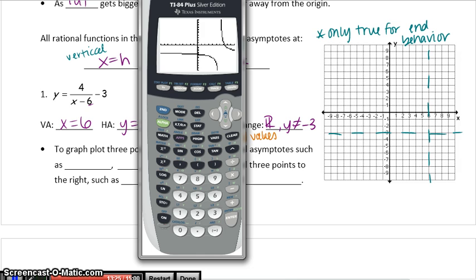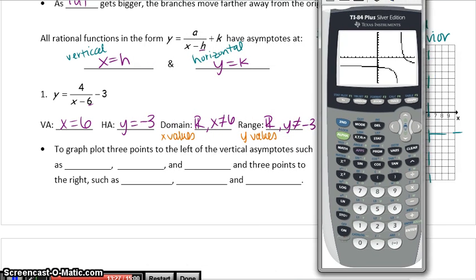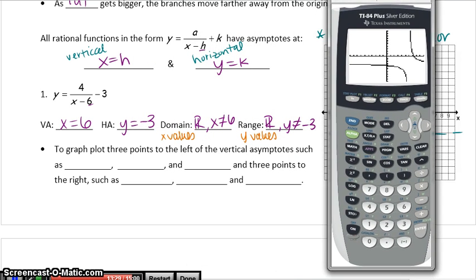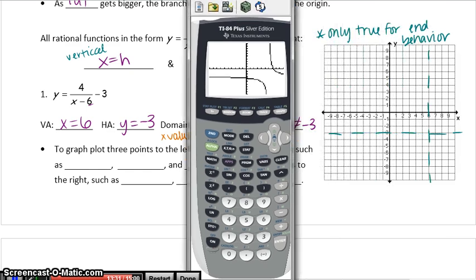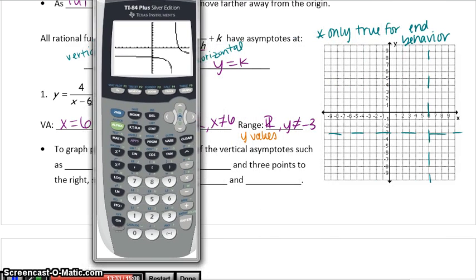Okay, because our a value is positive. So to graph, we need to plot 3 points to the left of the vertical asymptote, and then 3 points to the right. So looking at this, we wanted to plot 3 points to the left, so we'd be looking at x values of 5, 4, and 3. To do that, we could hit trace and look at all those points individually, but what's easier is if we just hit second graph, that gives us our table, and it'll show us the values that we want to look at.